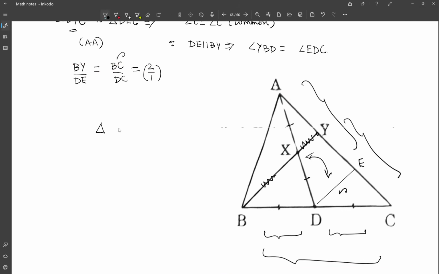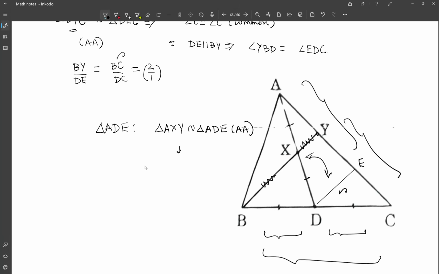In triangle ADE, triangle AXY is similar to triangle ADE by the same AA similarity. That is because we just constructed DE parallel to the whole of BY, so it is also parallel to XY.